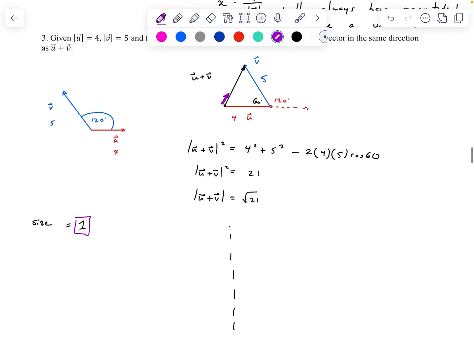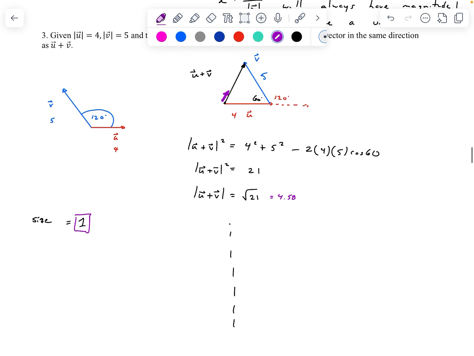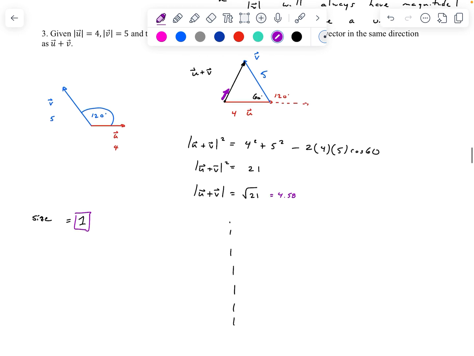Well, that's a little more complicated. What's root 21? Let's see here. Square root of 21 is 4.58, roughly. Not that I need that, because it's not part of the answer. But if I'm going to give a direction for my answer, then I'm going to need to solve this triangle. And to avoid the ambiguous case of the sine law, I'm going to call that angle up there theta.